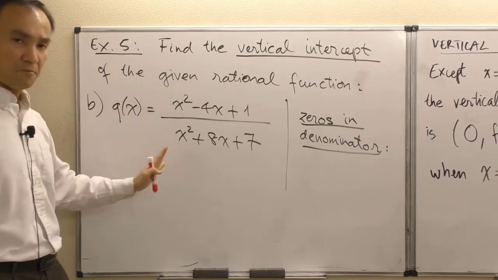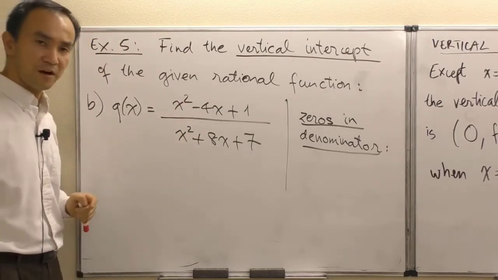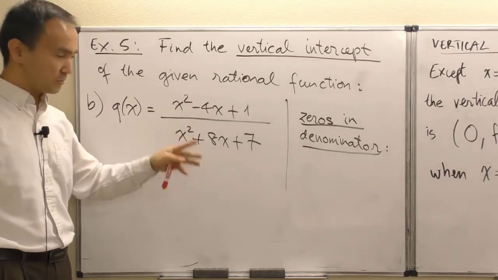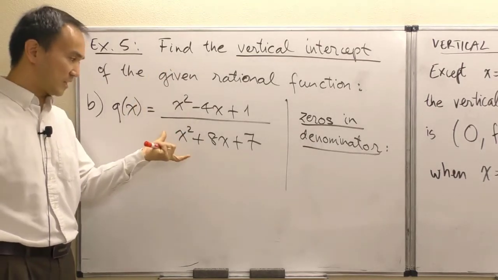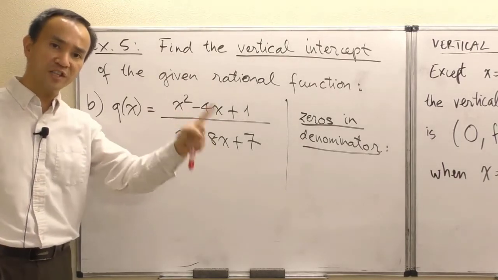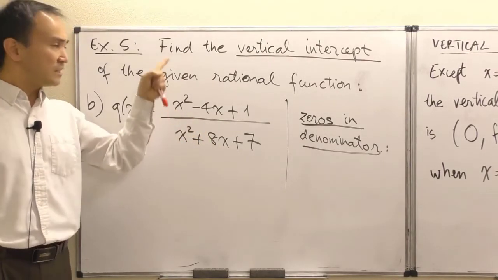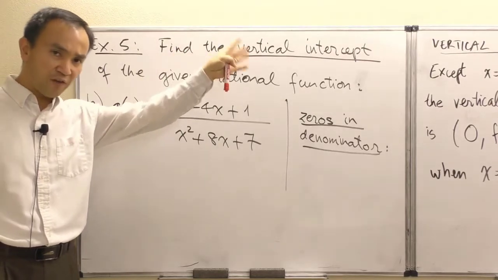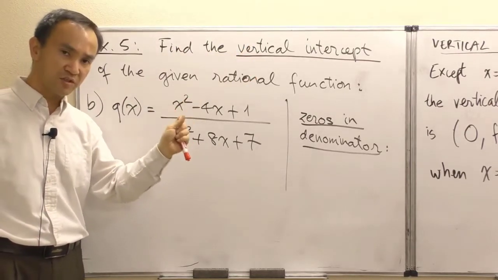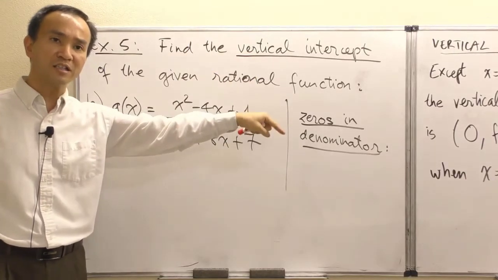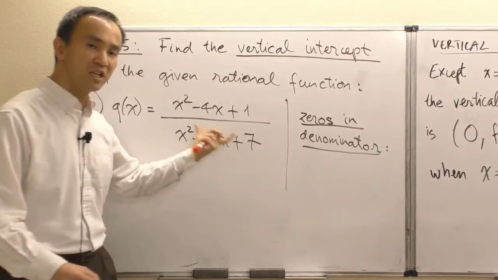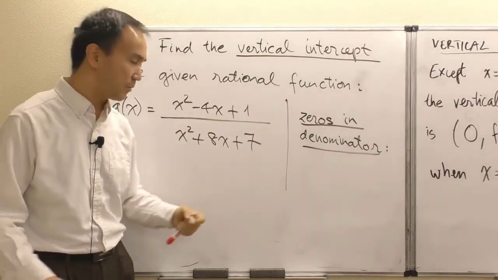Now for this rational function, yes, two polynomials, but what's more important is that we need to focus on the denominator to first identify all zeros in the denominator, because in our next step, when we get into finding the actual vertical intercepts, we need to make sure x equals 0 is not among the zeros in the denominator. That's why it's always best to list down immediately the zeros in the denominator.